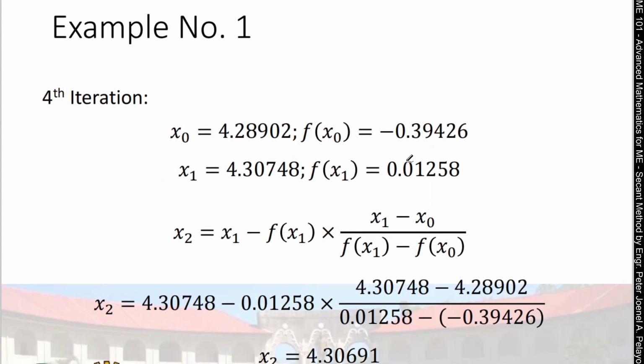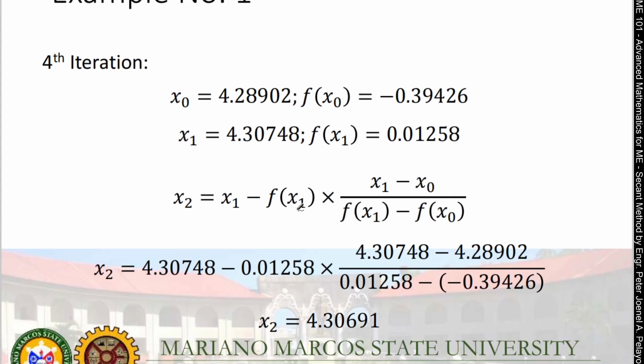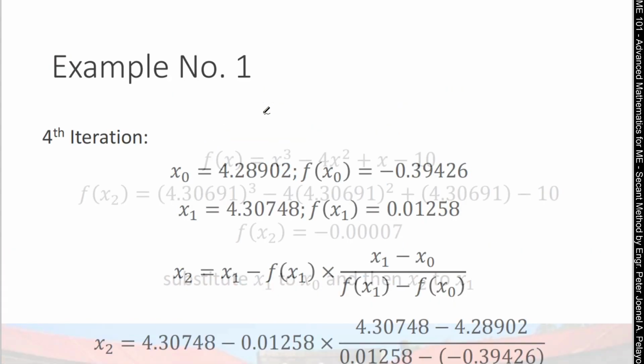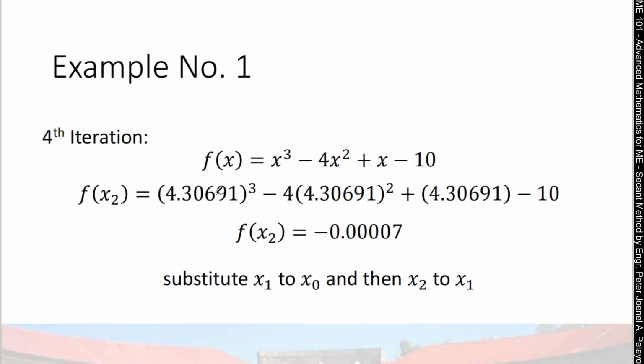So, the process is repeating hanggang mag-terminate. So, ang x2 natin dito is 4.30691. And then substitute. So, 4.30691 cubed minus 4 times the quantity 4.30691 squared plus 4.30691 minus 10.